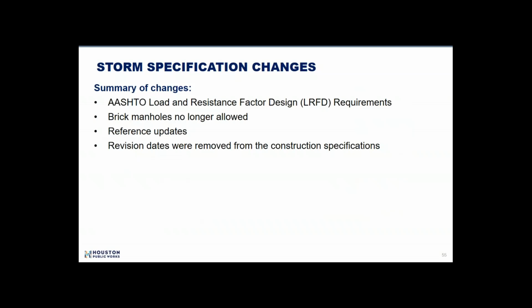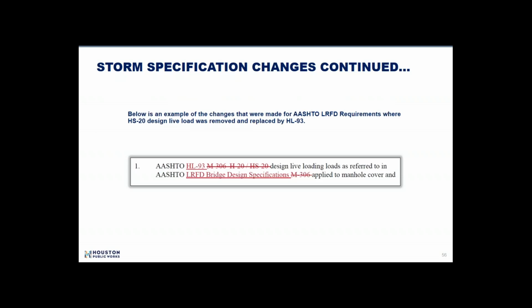A summary of some of the major changes that you'll see on those red lines are changes to AASHTO LRFD requirements. Brick manholes are no longer allowed. Standard references were updated, and also there were revision dates that were removed from the construction specifications. So you'll see a lot of changes in the specification red lines. A lot of them were driven by the decision to require compliance with the latest AASHTO LRFD requirements.